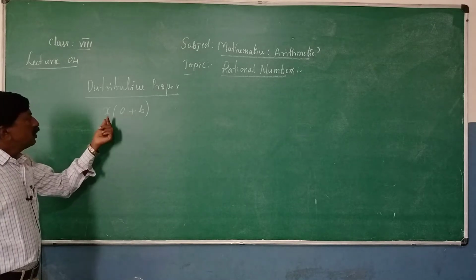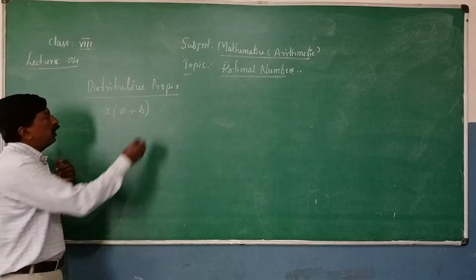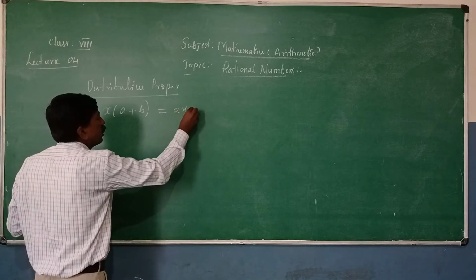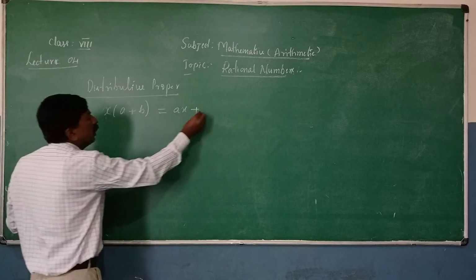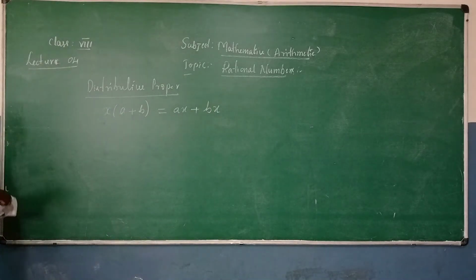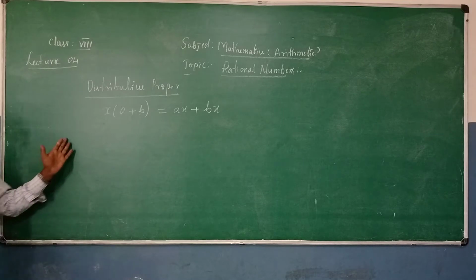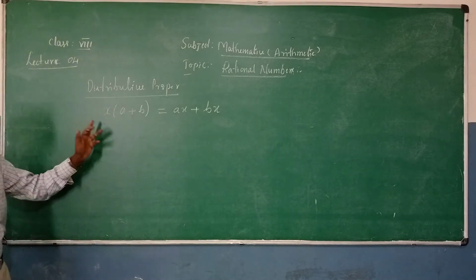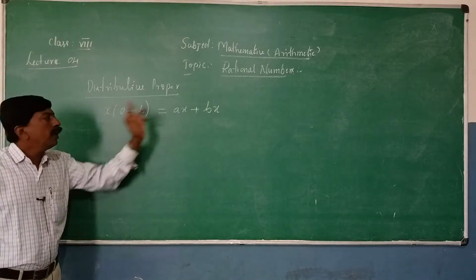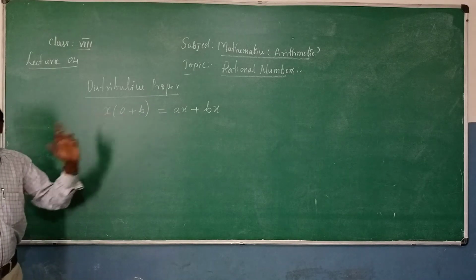So you have to multiply from the left side. x into a is ax, plus x into b, it is bx. This type of multiplication we can call a distributive. So x is distributed with a and b over addition.